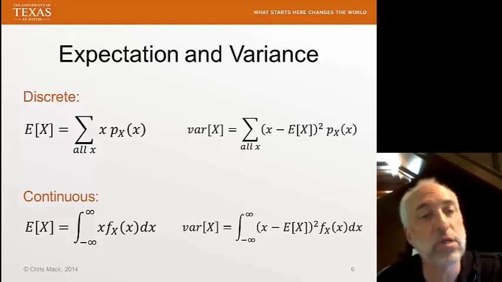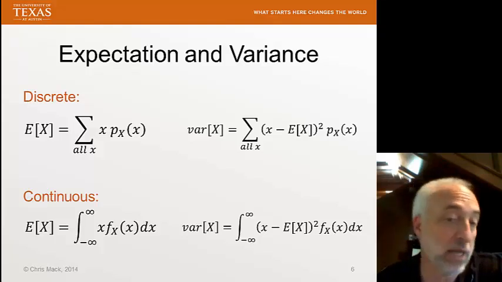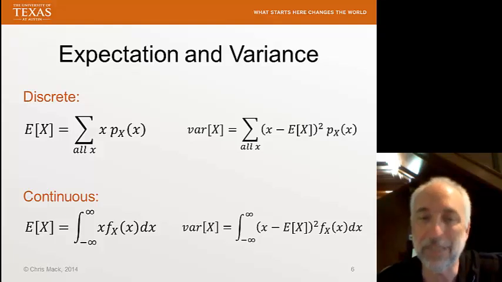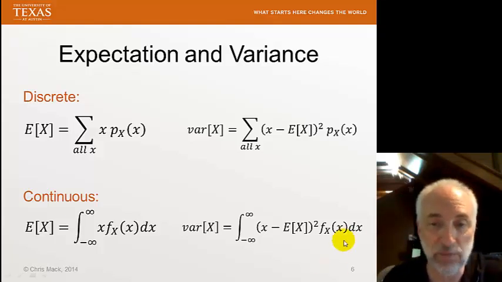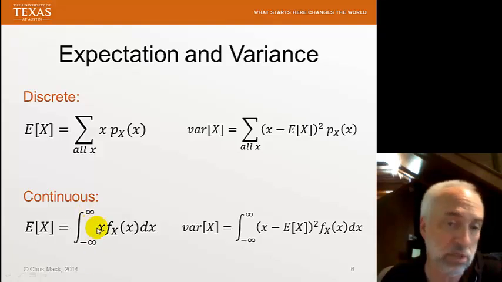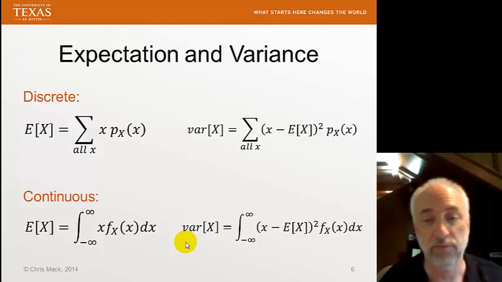Well, we can convert these definitions of expectation and variance to continuous random variables by doing the formula I mentioned before: convert our sums to integrals and replace the PMF with the PDF times dx. And you can see that's exactly what I did here, here, and here. Now expectation is the integral over all values, which, because it's a real number, is from minus infinity to infinity, of x times the PDF.